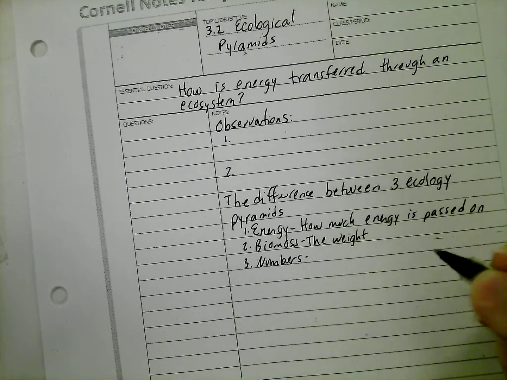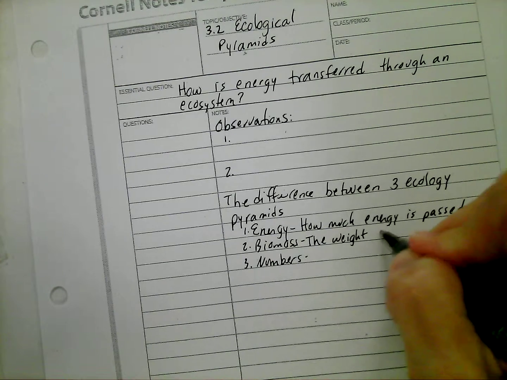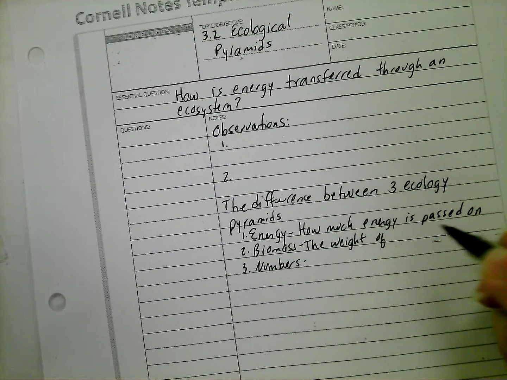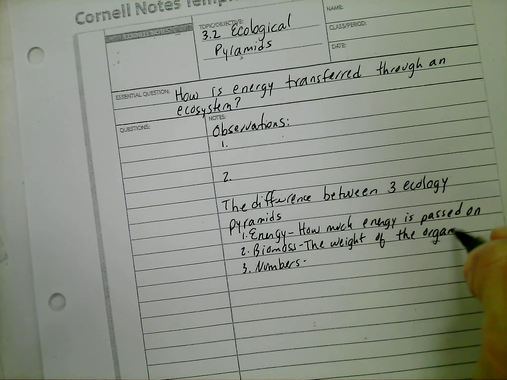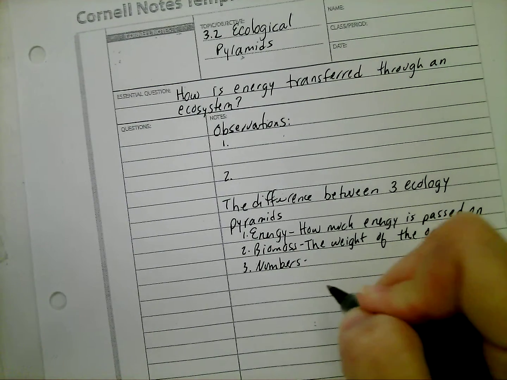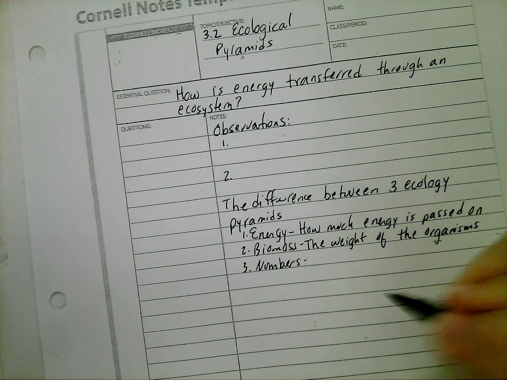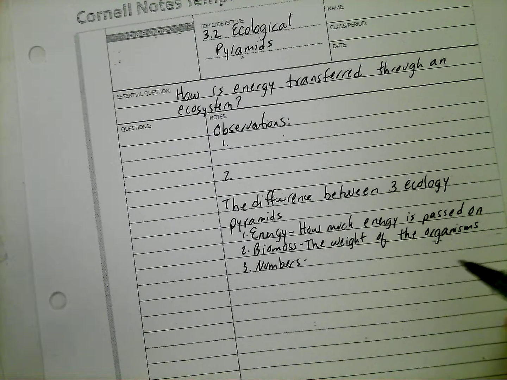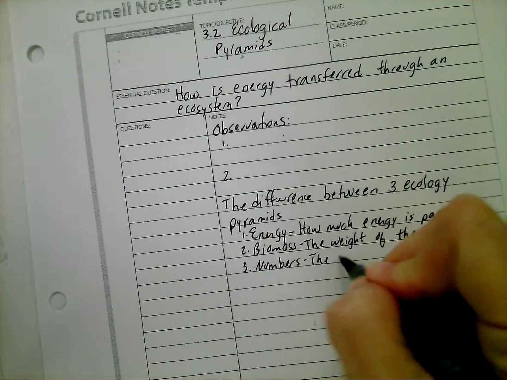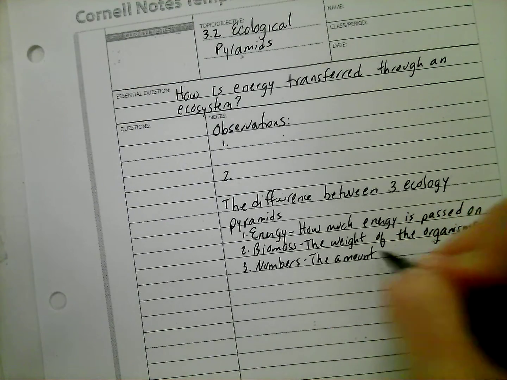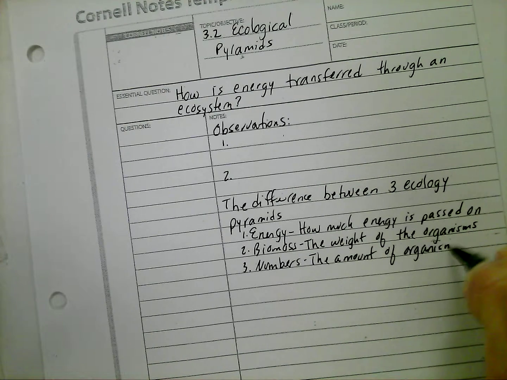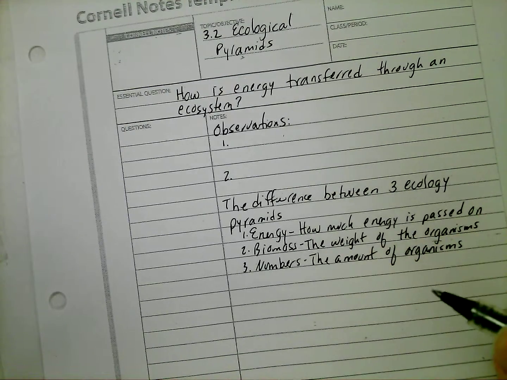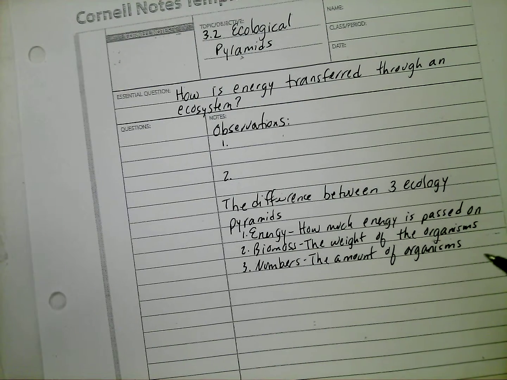And believe it or not, ecologists really do this. A numbers pyramid is when you actually calculate how many creatures are actually throughout the ecosystem. Okay, and that's pretty obvious just by what it says there.